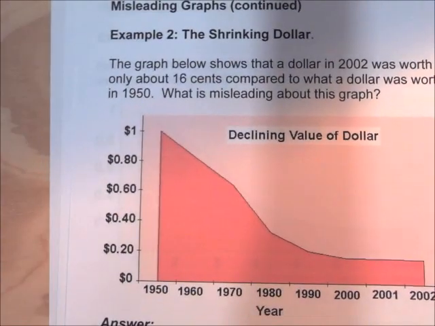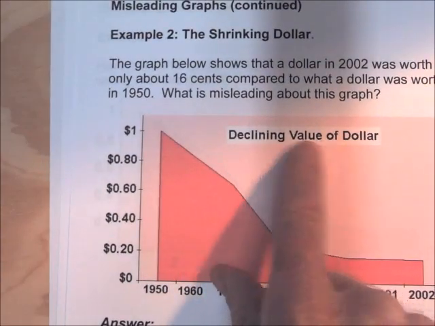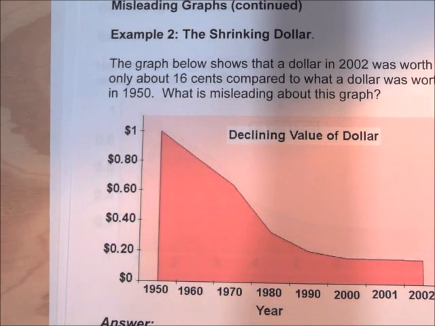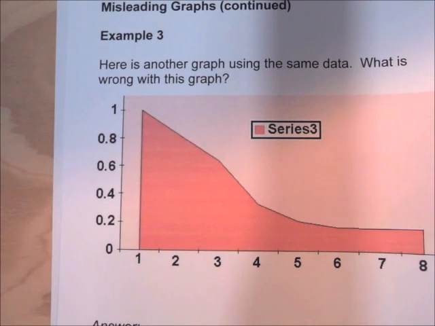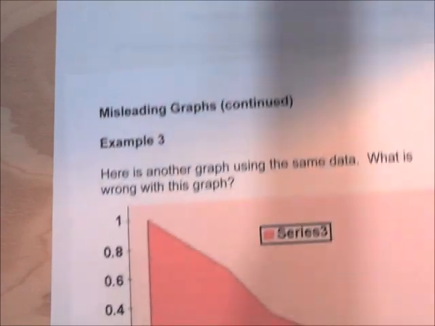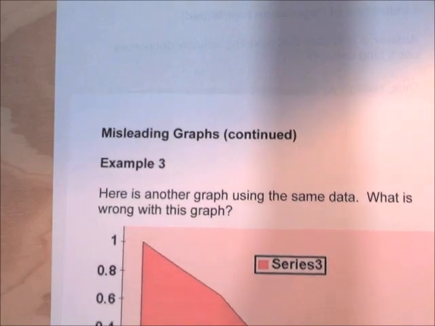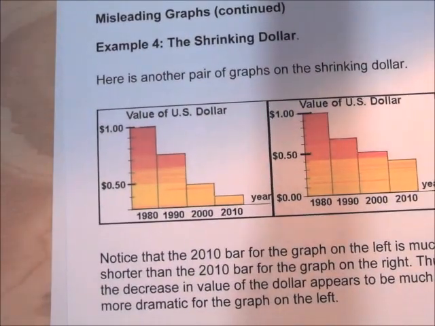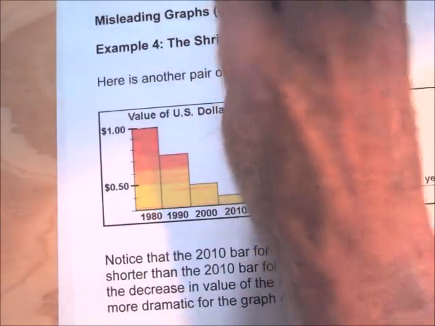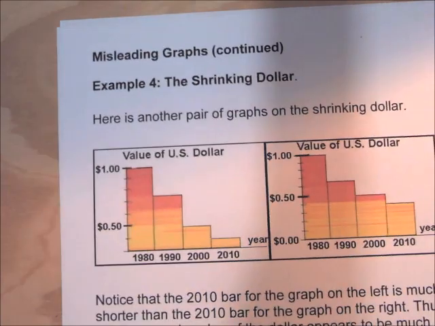So on this one I inserted my own, more meaningful labels. That's another thing to be careful with: whether you're making graphs or reading them, they should have clear labeling so it's easy to see what they're doing.